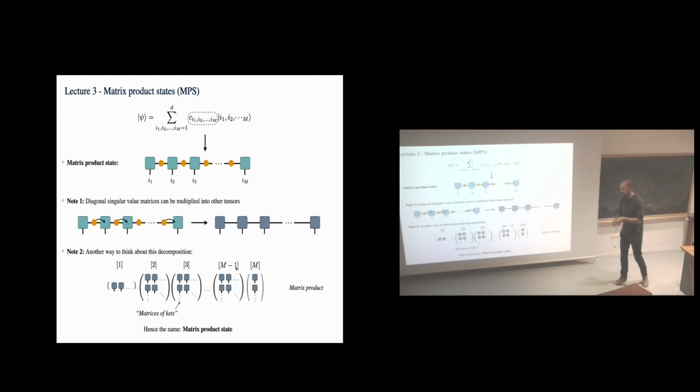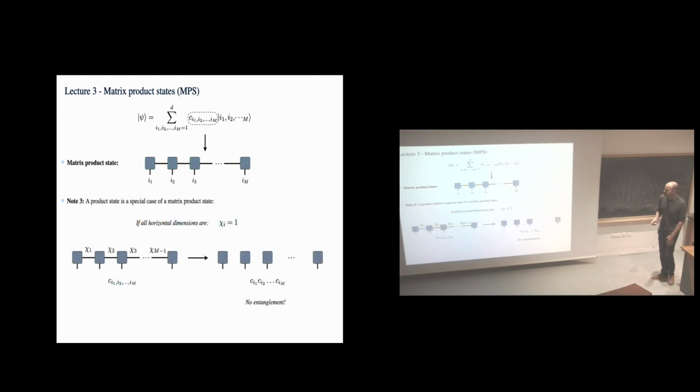So this is really a generalization of what a product state is to states that can feature some entanglement, as I will show next. Yeah, this is actually just what I wanted to say. So again, this is what I call the matrix product state.